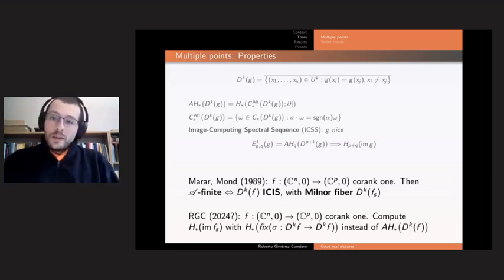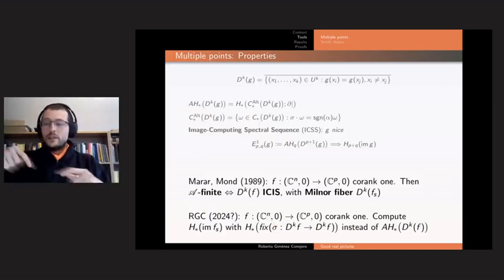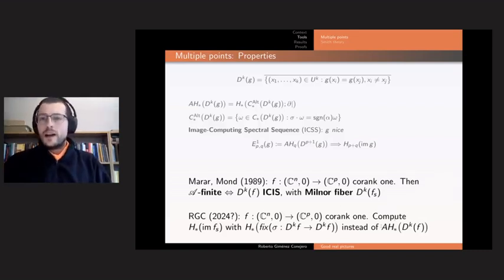For the multiple points, you have to take multiple points, but also the subspace that is fixed by any permutation. So if you have any permutation, it acts on the multiple point space. You have a set of fixed points. If you consider all these spaces, then it is enough to have the same information as with the alternating homology. Okay, so we use these two things.